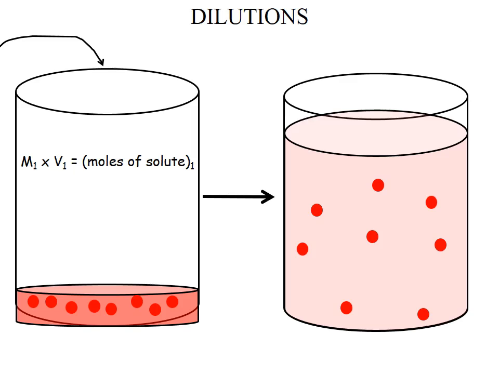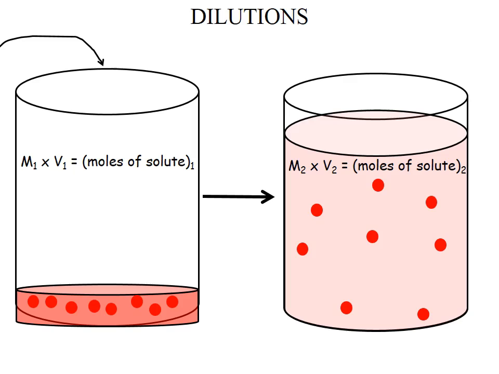So the moles of solute that I originally put in there, M1 times V1, that is the same as the molarity times volume on the right-hand side, M2 times V2. So we have a new molarity, which should be lower, it should be more dilute, so it's a lower concentration than the solution that I originally had.